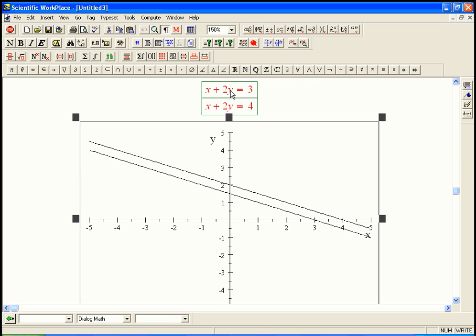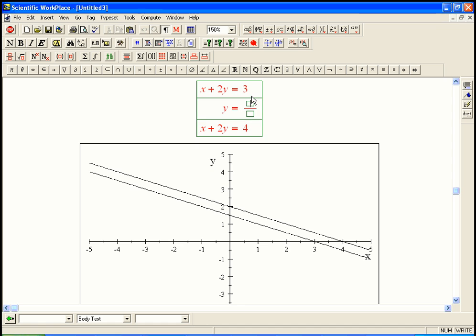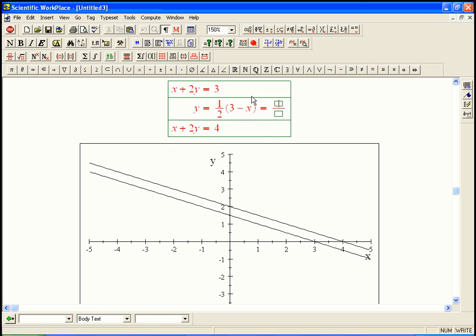Now we've got lines. If I solve for the slope of this line, I could make it y equals 1/2 times 3 minus x, which is minus 1/2 x plus 3/2.